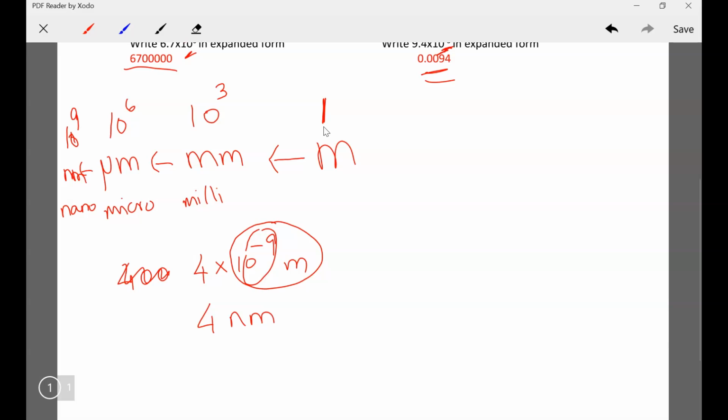Hopefully you're not confused just because this negative is here. 1 meter is 10 to the power of 9 nanometers. So 10 to the power of negative 9 meters would be 1 nanometer. Hopefully this is clear.